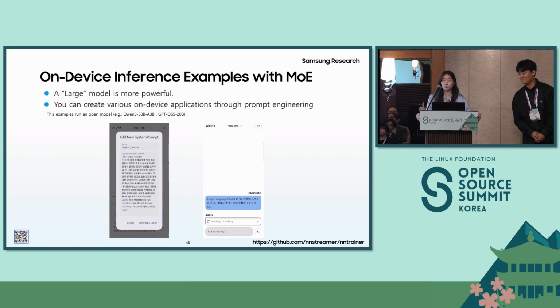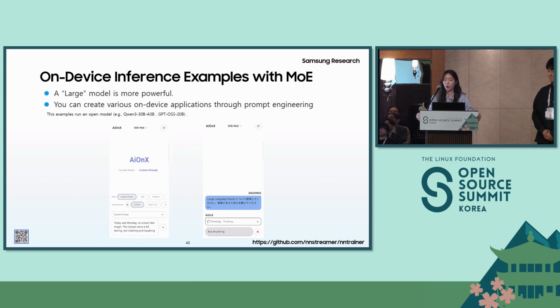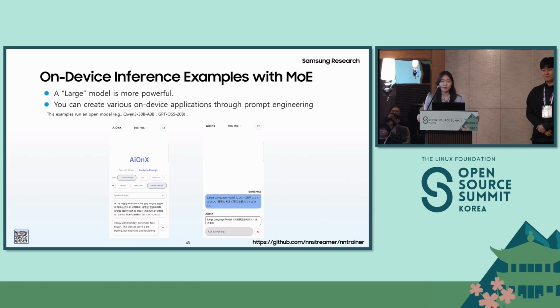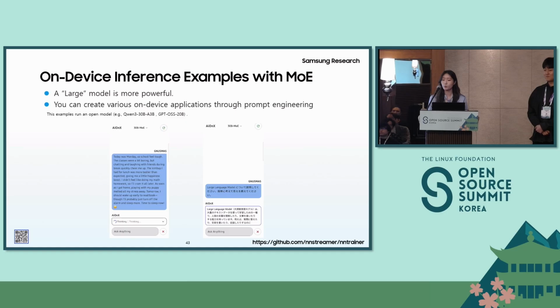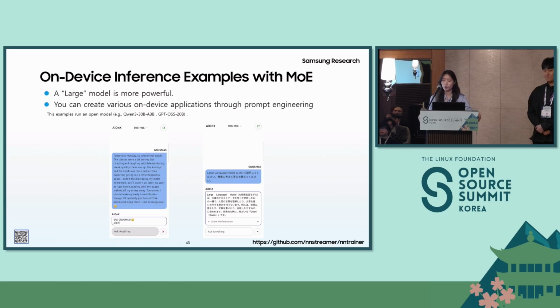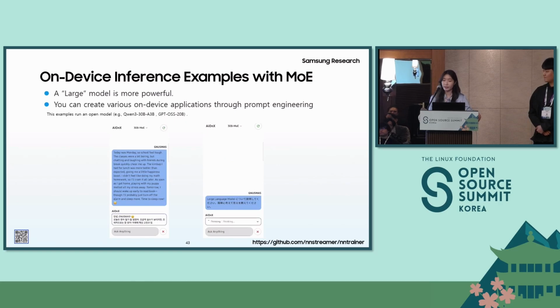Let me show you more examples with powerful models on device. At the beginning of this session, we established our goal: running more powerful models directly on devices. MOE models demonstrate superior performance compared to smaller models, particularly in instruction following tasks.